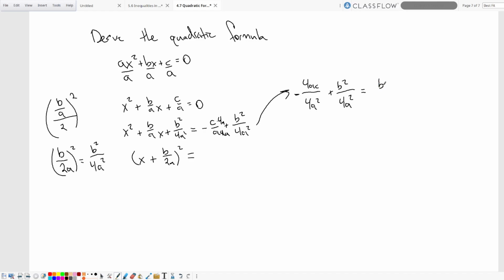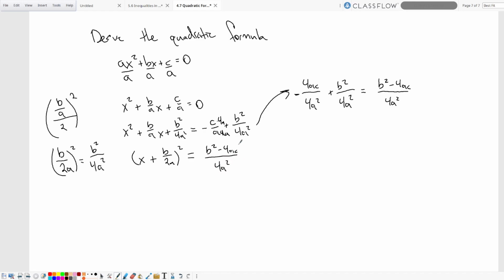So it's actually b squared minus 4ac, which maybe now you're starting to go, this is sounding very familiar to what we had in the quadratic formula. So on this right side, we got a common denominator by multiplying the negative c over a, numerator and denominator both, by 4a, which gave us this step. Then I combined them into one fraction and changed the order, so it's b squared minus 4 times a times c, all of this over 4a squared.